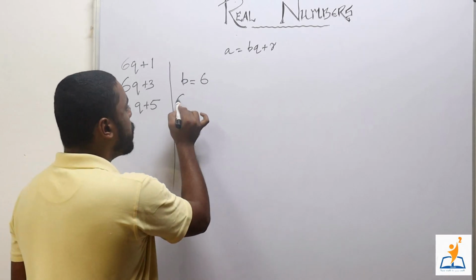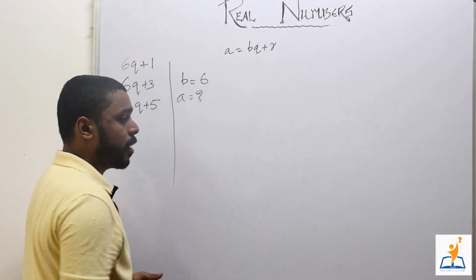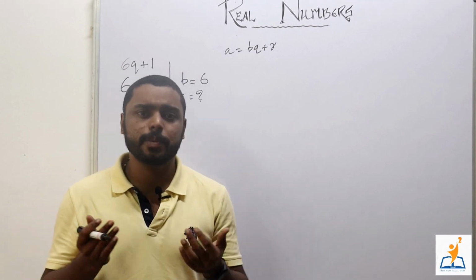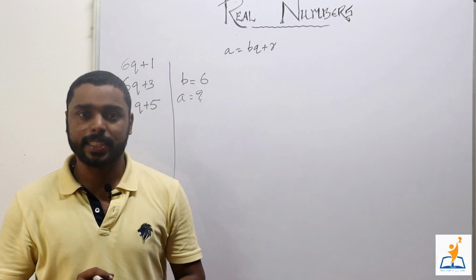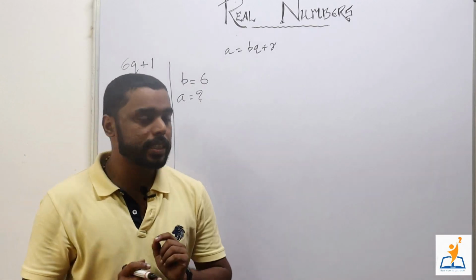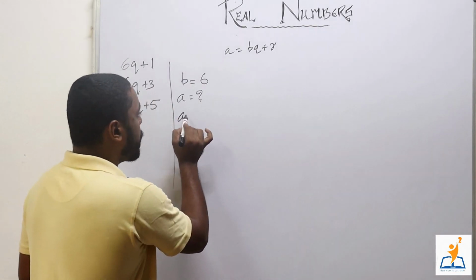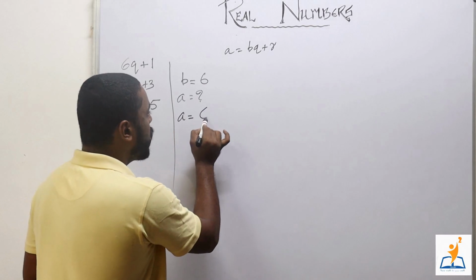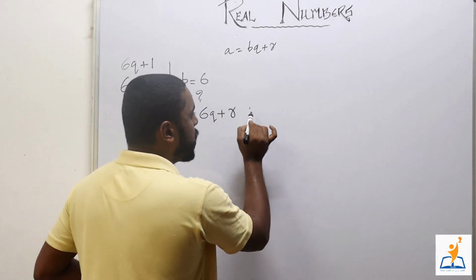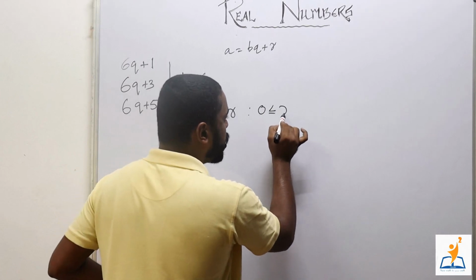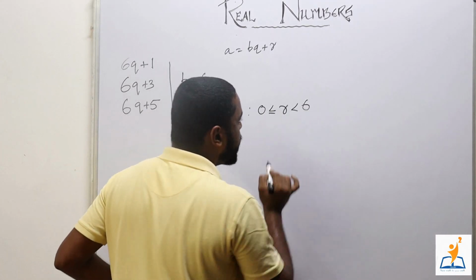Now let a be any integer, any positive odd or even, and b is equal to 6. Then by Euclid's division lemma, we can represent a is equal to 6q plus r, where 0 less than or equal to r less than 6.